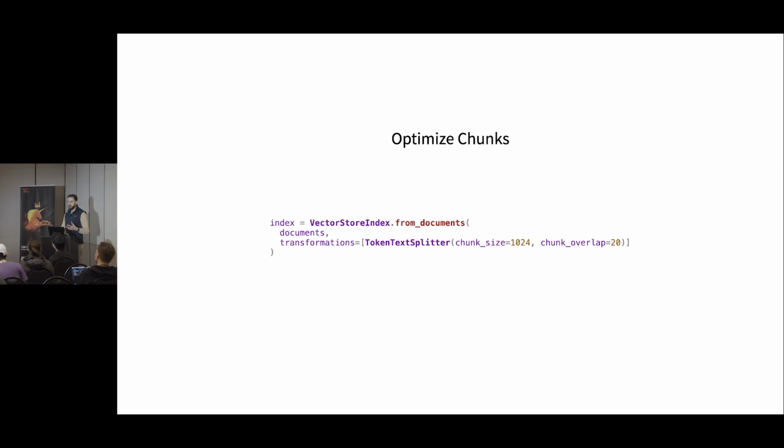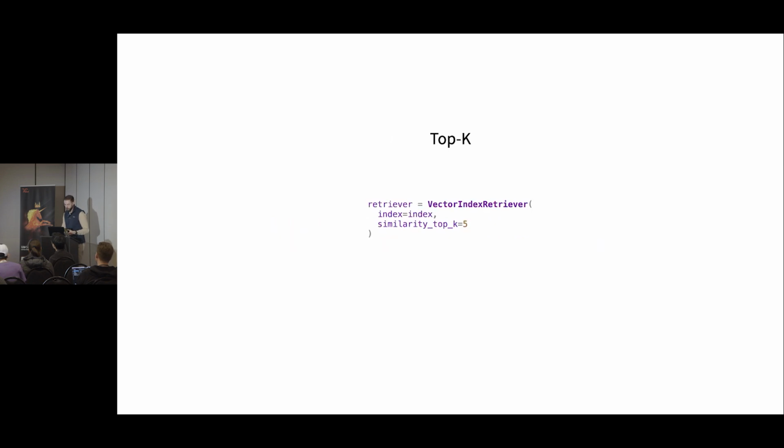Now, the standard retrieval method that is used is called top K. Top K just means it takes the top however many documents you specify that are the most relevant. And of course, we can specify, hey, we want a top K of 5, for example, the 5 matching chunks.